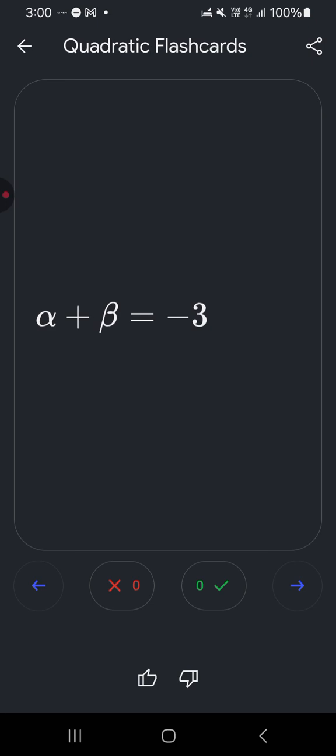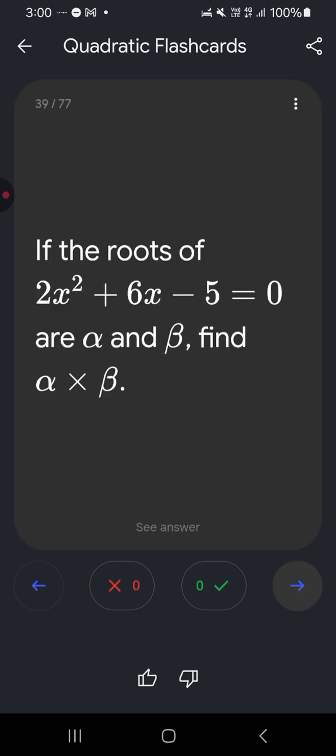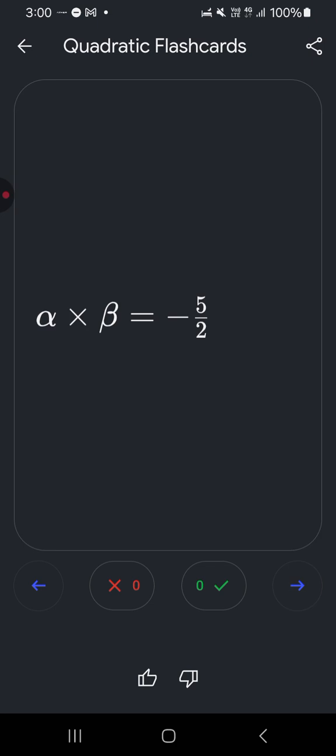Alpha plus beta is equal to minus 3. If the roots of 2x square plus 6x minus 5 is equal to 0 are alpha and beta, find alpha into beta. Alpha into beta is equal to minus 5 upon 2.